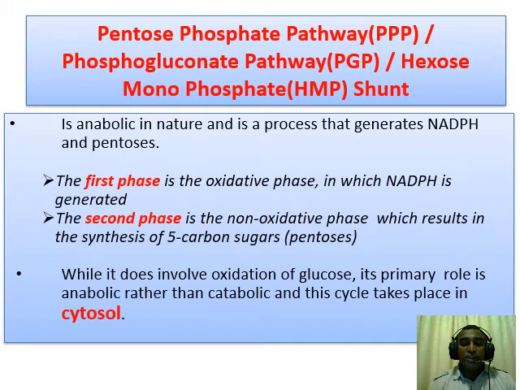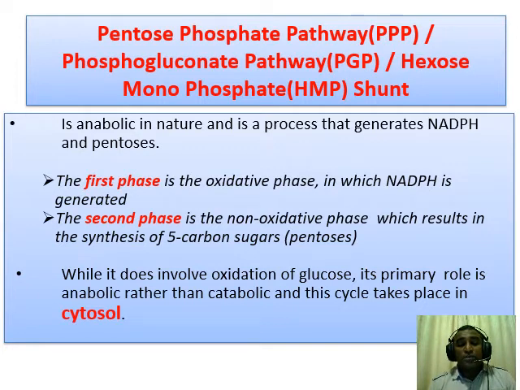The oxidative phase mainly will produce NADPH in two reactions found there. And then you have the second phase, which will produce ribose 5-phosphate. But apart from the 5-carbon sugar, it also generates other sugar molecules, which have 4-carbon, 10-carbon, 7-carbon, 6-carbon, as well as 3-carbon sugars.